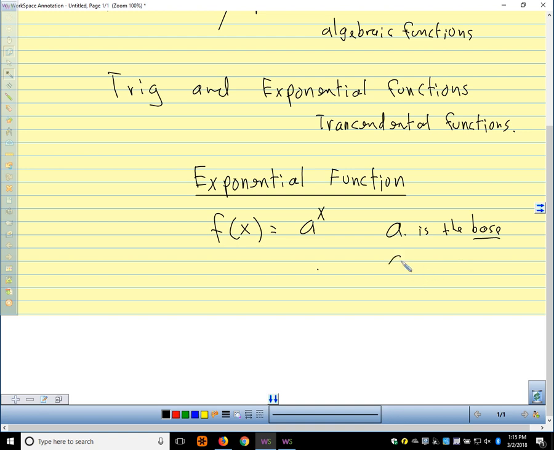For what we're doing, a is going to be positive, and a is not equal to 1, because if a is equal to 1, it's not a very interesting function, since it's just 1 all the time. And x is any real number.